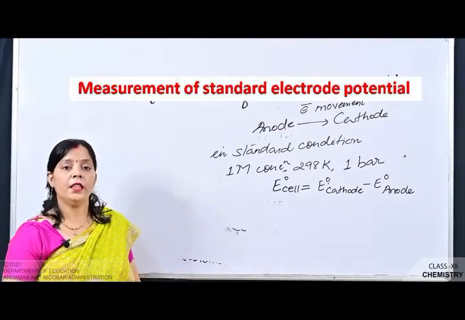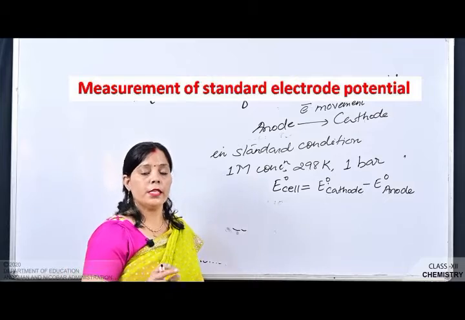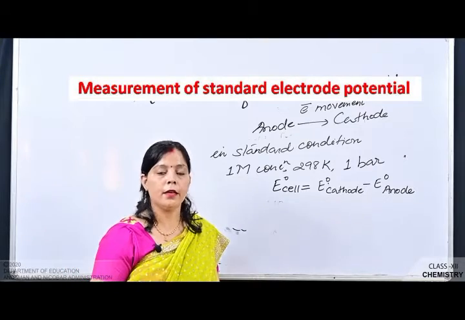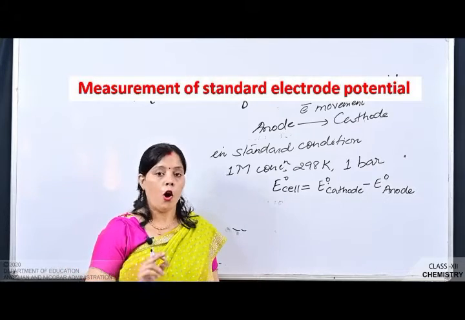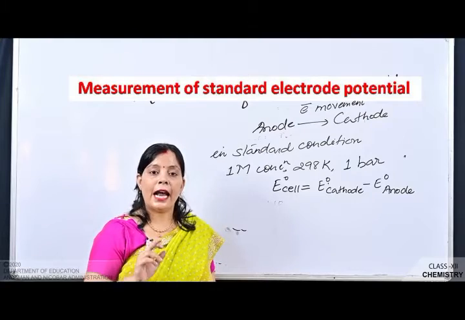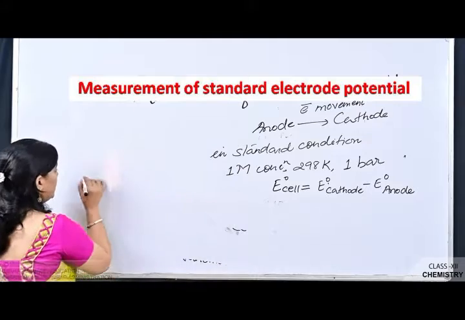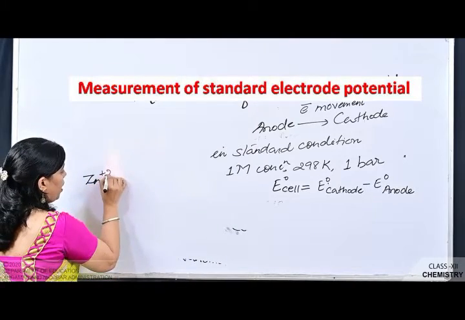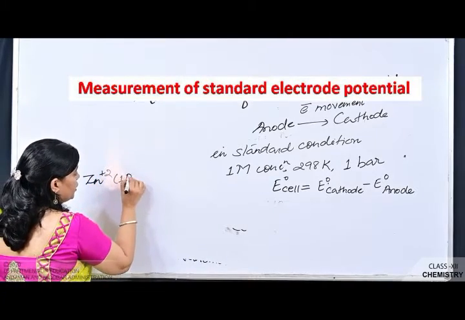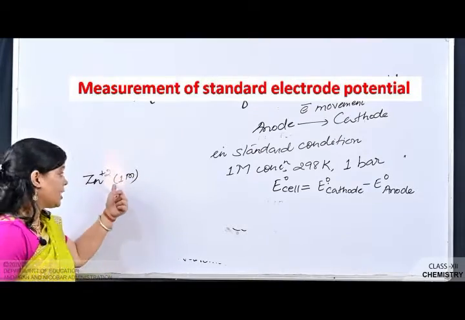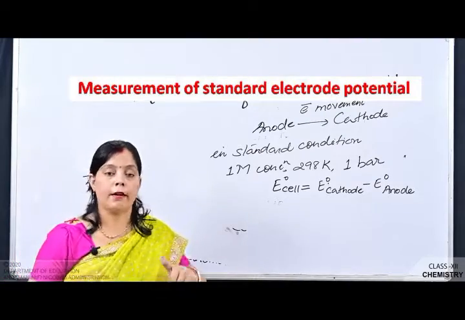Okay, so let us explain this with the help of an example. Students, in order to determine the standard electrode potential of the zinc electrode, that zinc electrode contains Zn2+ ions with a concentration of 1 molar, because the electrode must be in the standard condition.